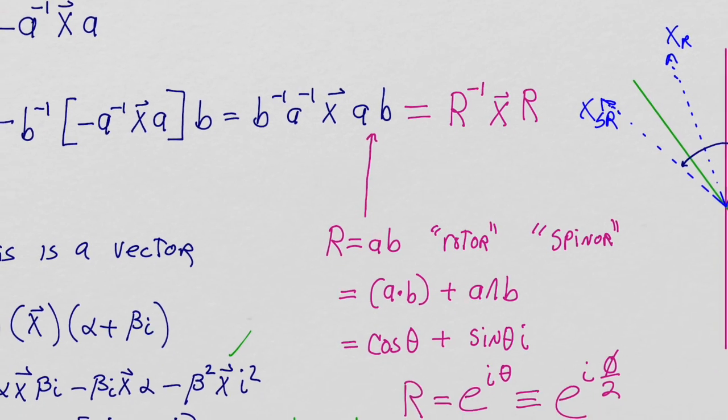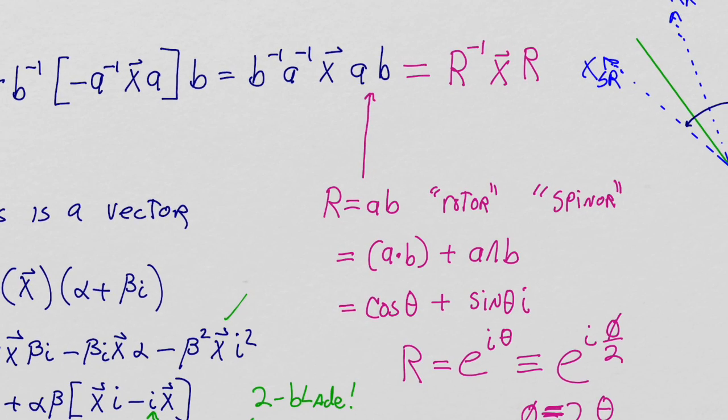And so taking that to heart, I'm going to call the bivector of any two vectors a rotor if A and B are unit vectors, right? Because the length of A and B really doesn't matter. Because actually, if you execute this product, you'll notice that the length cancels out.